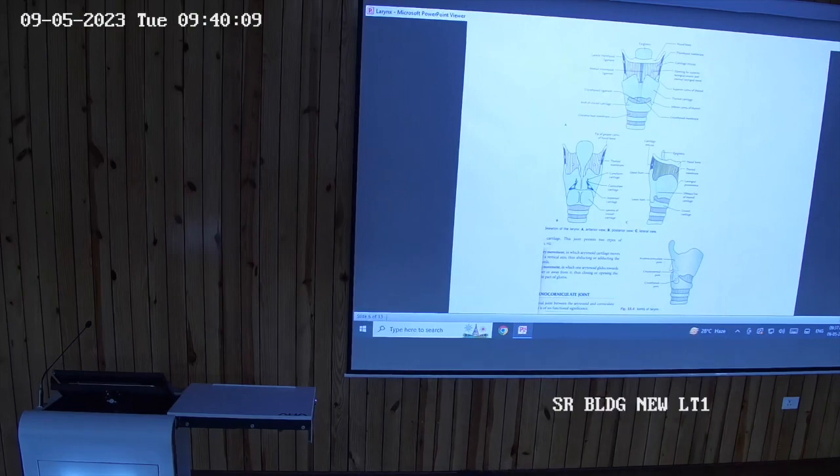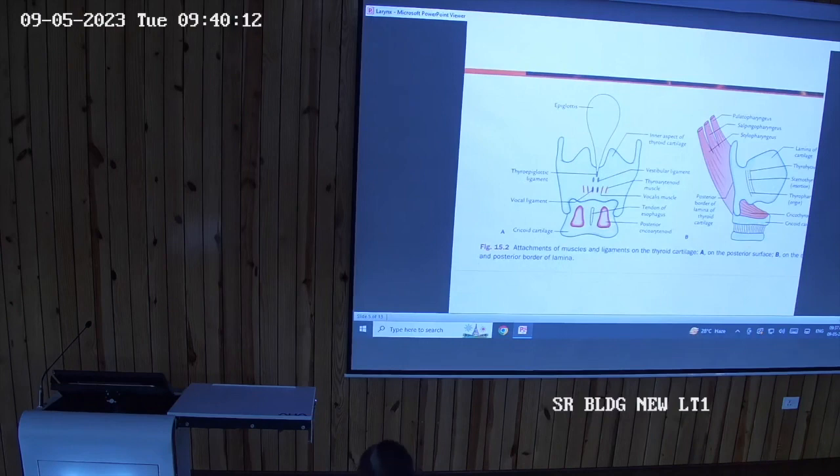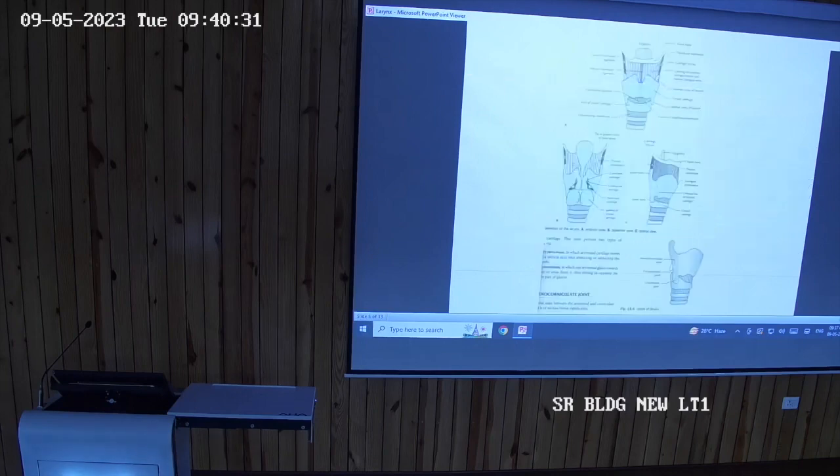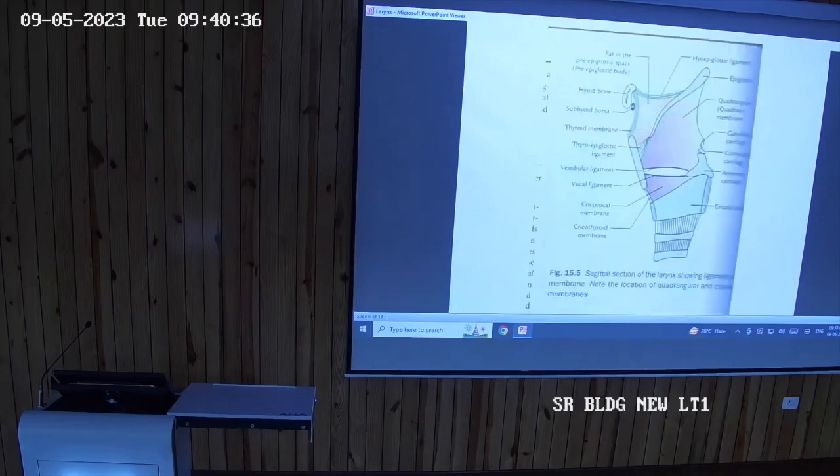Look here: the thyroepiglottic ligament, the vestibular ligaments, the vocal ligaments, all these are present on the posterior surface of the thyroid cartilage, in the interior of the laryngeal cavity. Besides the ligaments I told you on the posterior surface of the thyroid cartilage, there are a few ligaments present on the interior side.